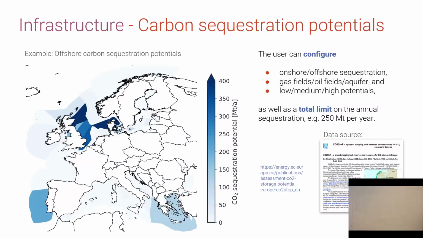And similarly to other elements, in the config file, it can be selected which of the scenarios of this database is selected, either if gas fields, oil fields, aquifers, or the three of them are selected, and if the potential for onshore or offshore are selected. One of them or all of them, right? This will give you the existing physical potentials for underground sequestration.